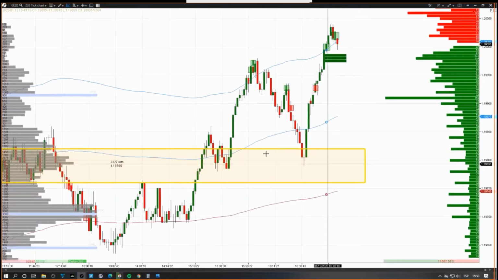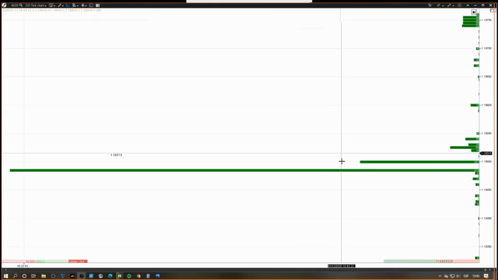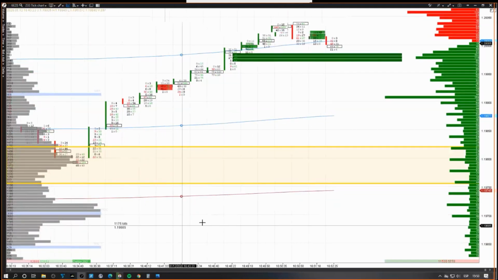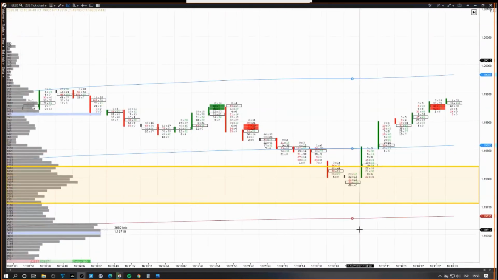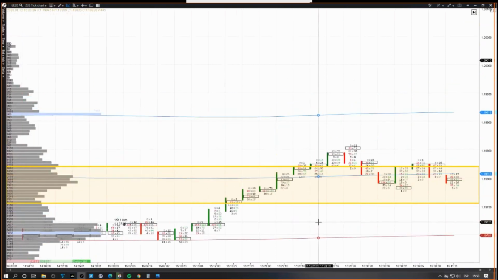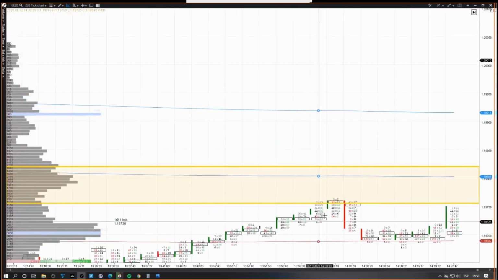But I'm going to show you something. Let me open up the candles here. Now we can see what's inside the candles. The only way you can see this information is using this type of software, the order flow software.